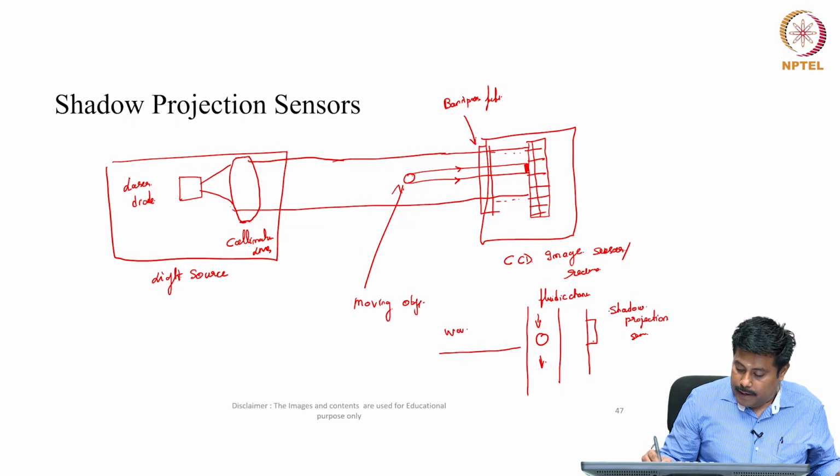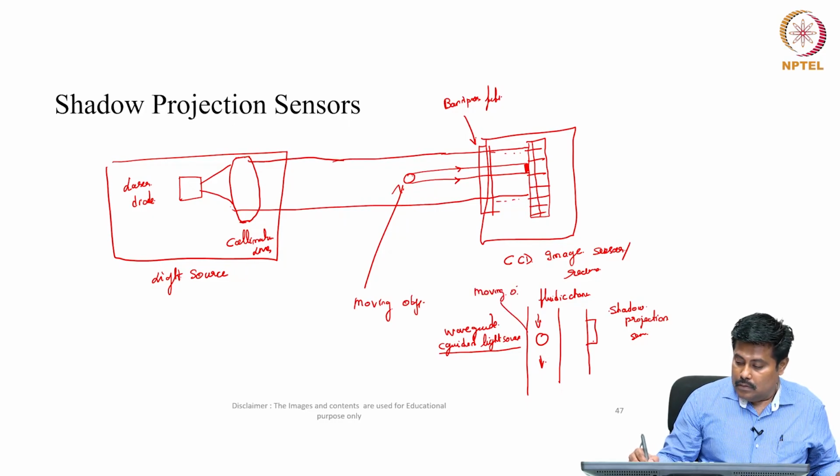This is a waveguide, which is a guided light source, and we have the moving object.